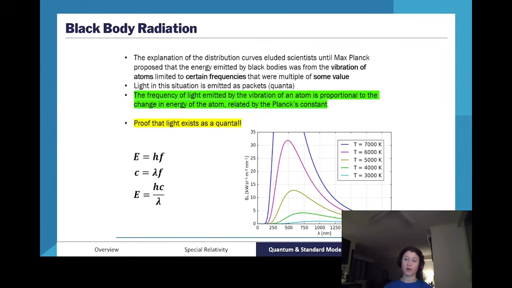So what we have on the slide here is really enough, it's all that you need to know. If it seems a little bit confusing, that's because it is. When we get into Young's double slit experiment and then the photoelectric effect, it's more easily understandable and you can go into more depth on them.